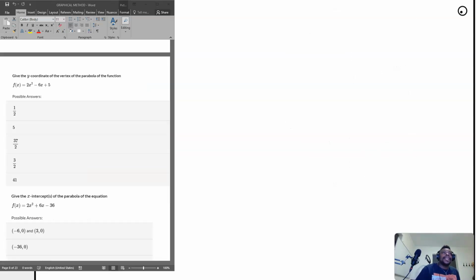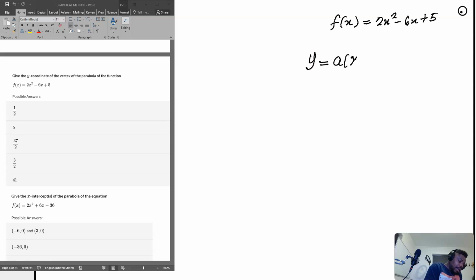Now, given the function f of x is equal to 2x squared minus 6x plus 5, find the y coordinate of the vertex of the parabola. Whenever you are asked to find the coordinates of the vertex of a parabola, which is just our quadratic curve, remember that I gave you this formula: y is equal to a times x minus h squared plus k.